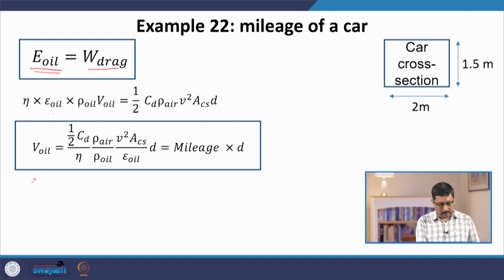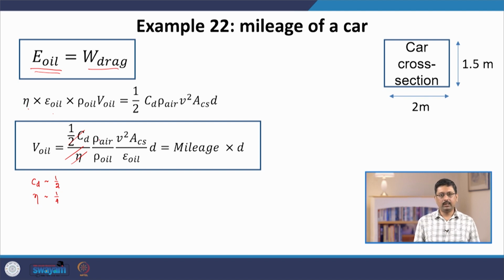For a typical car, I am going to assume that the drag coefficient C_D is about half under the conditions we are discussing, and the engine efficiency we have already assumed to be 25%, or 1 by 4. Using these numbers, very luckily these factors of unknown coefficients get cancelled.